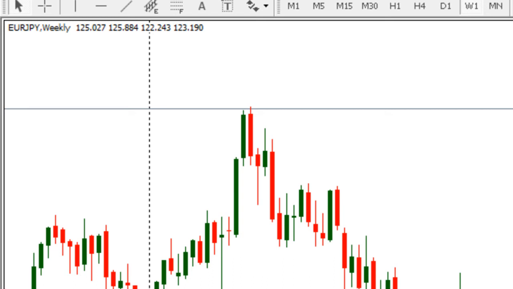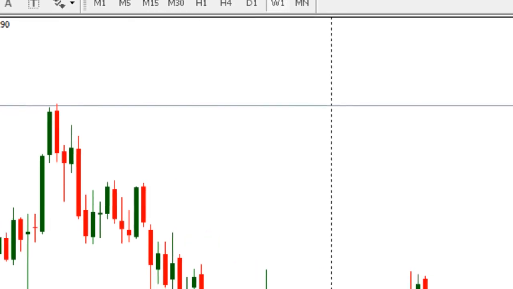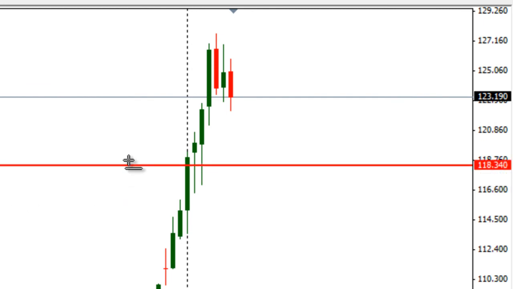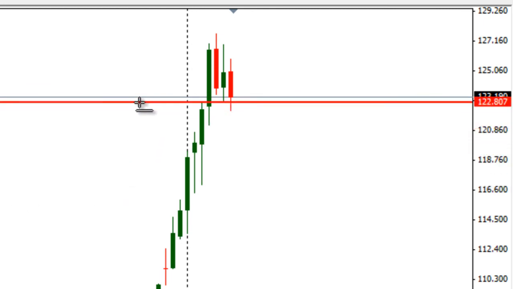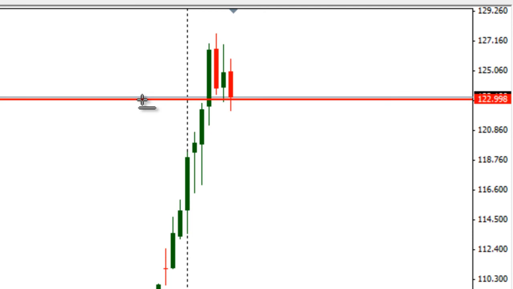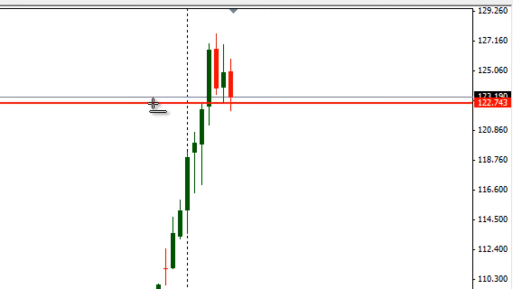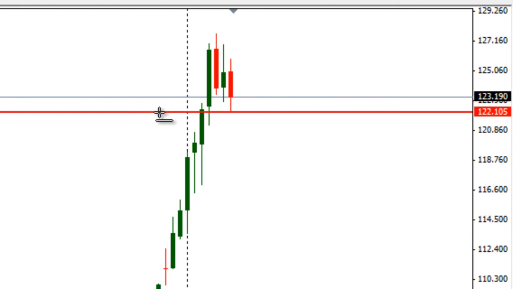Looking at the Euro JPY pair on the weekly time frame, it is clear that the trend is up and the market has just reversed temporarily down. Last week, price reversed to about 122.13. This is where price reversed to, 122.13, just around here.